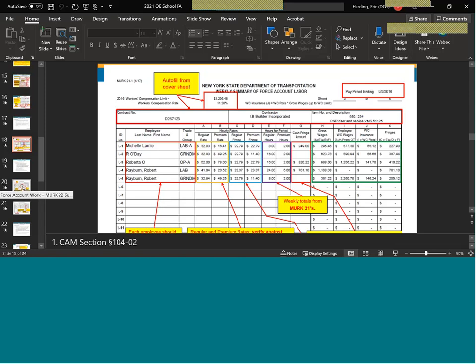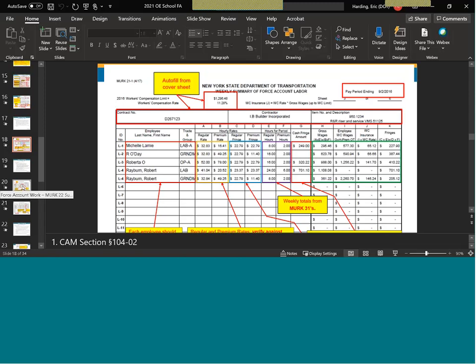Yeah, and that's the way you want to think of it. The cash fringes are just a portion of those regular and premium fringes. So in this example, it appears that the cash fringes exceed the regular and premium fringes, which can't happen. Right.